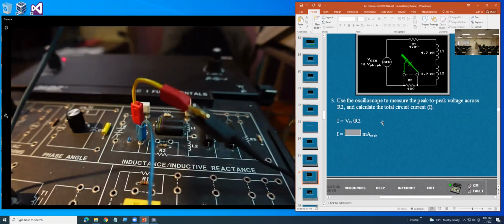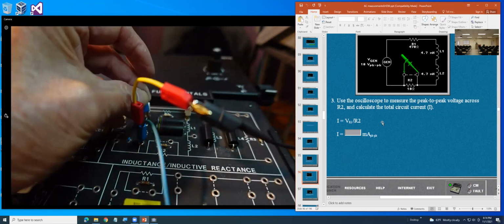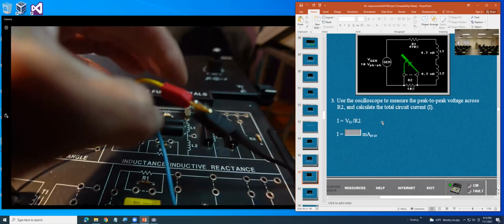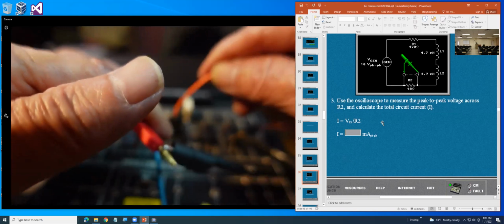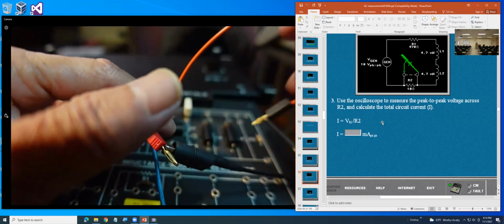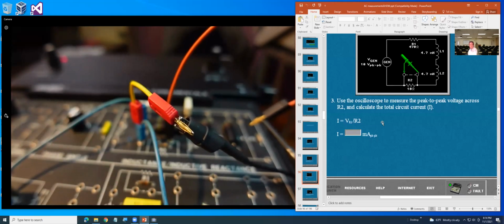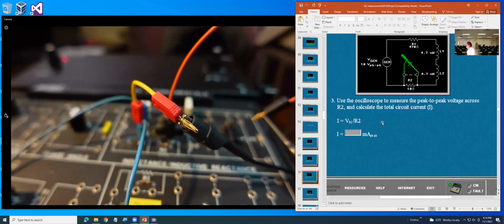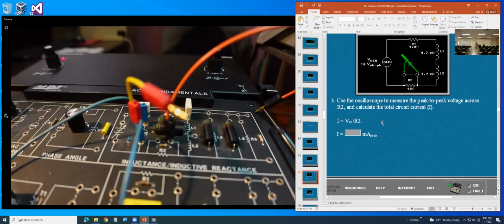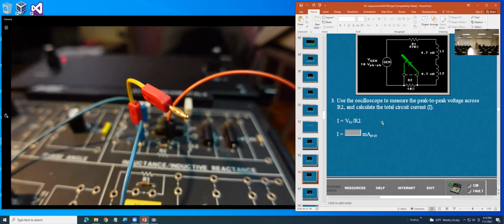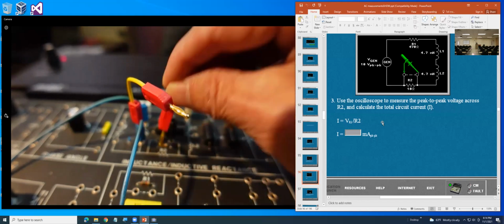Now we will connect to this side. Okay, that connects to this side. Let's see, I have to move that quick one here. That is the scope route, so the scope route will be connected into the other side.